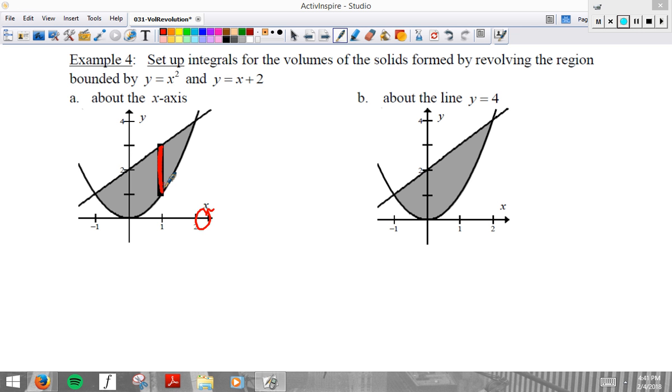It's already there for you. We know the big radius will start from the x-axis and go to the furthest bit of my rectangle. That's my big R. And my little radius will start from the x-axis and go to the closest bit on my rectangle. So that's little r.